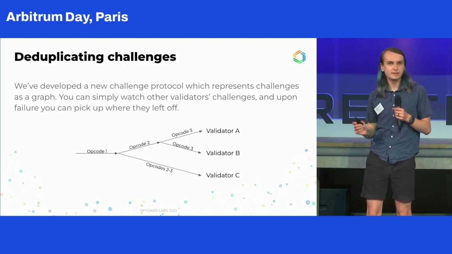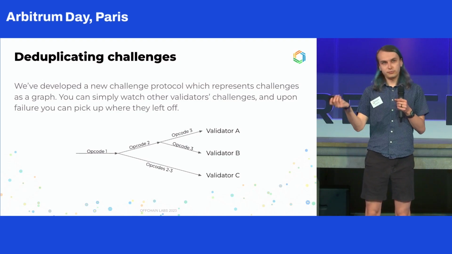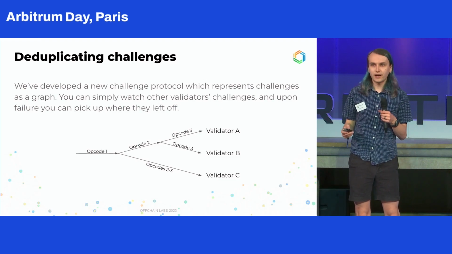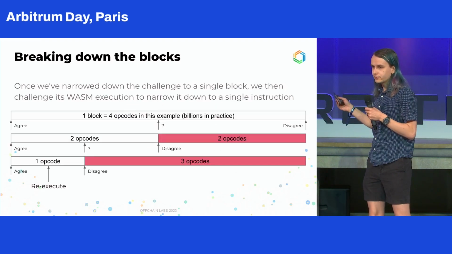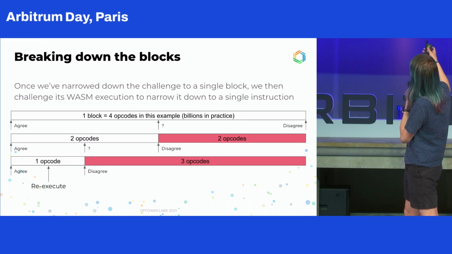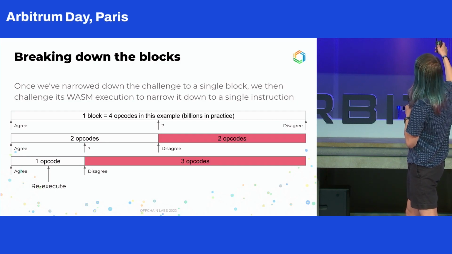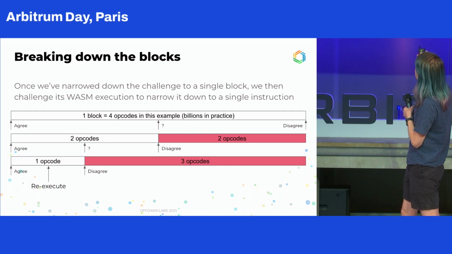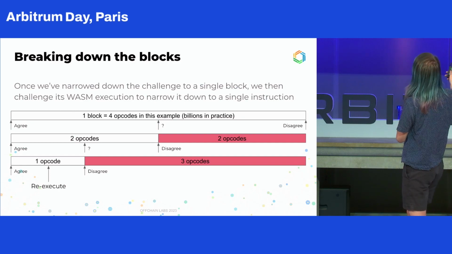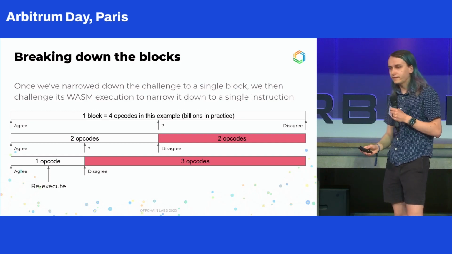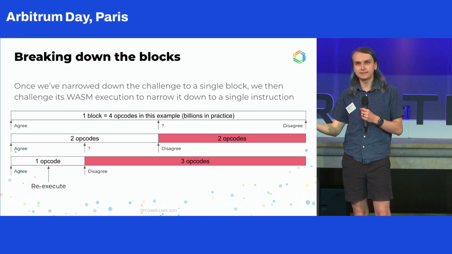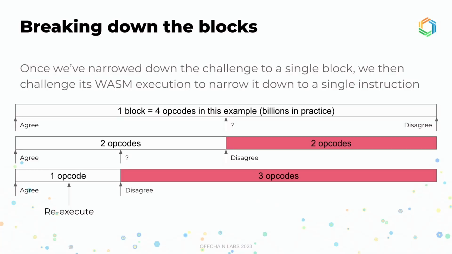And if you don't agree with a move they made, or if they simply don't make a move, you can pick up where they left off. So if you're watching this challenge and you're midway through here and they either don't make this final move or they just stop making moves, you can pick up where they left off and say, hey, I'd like to make this move myself, and continue the challenge from there as your own separate challenge.